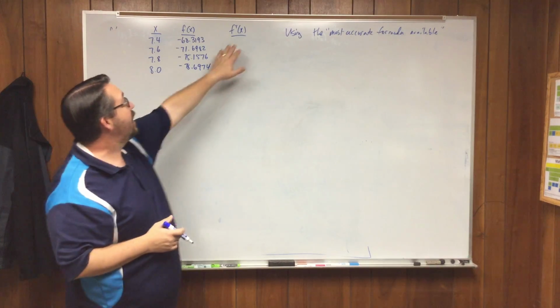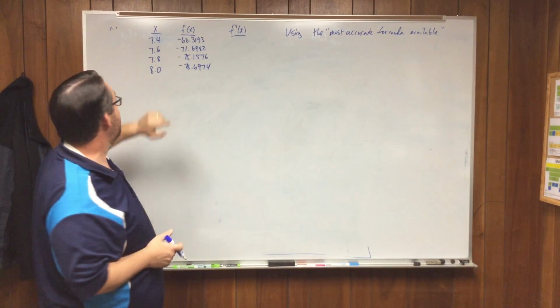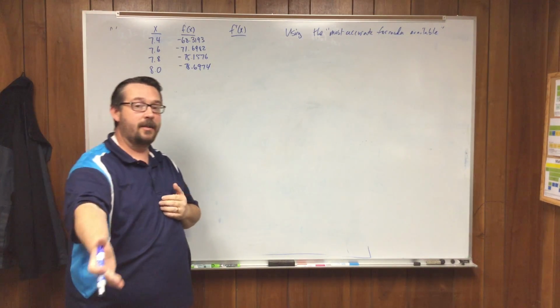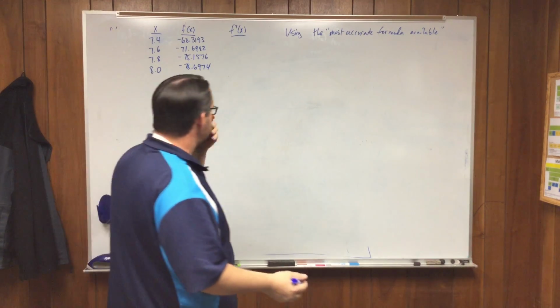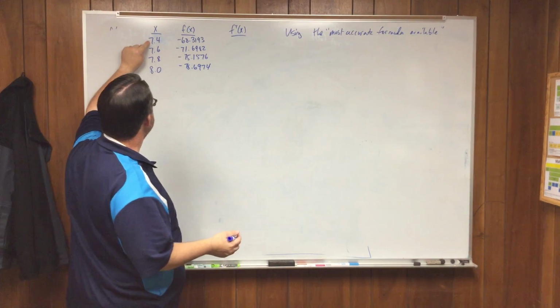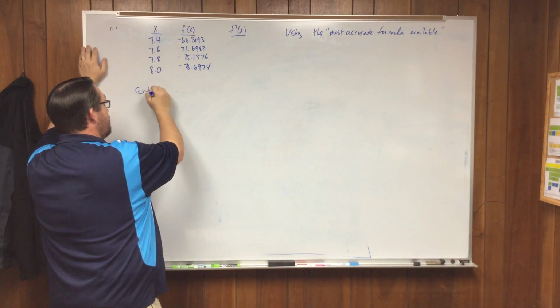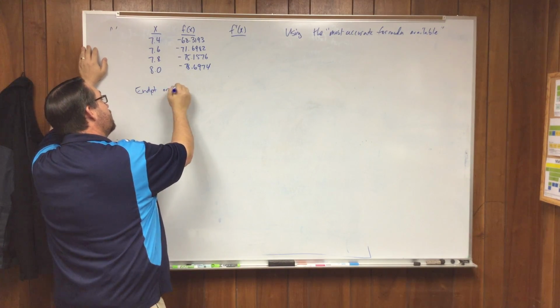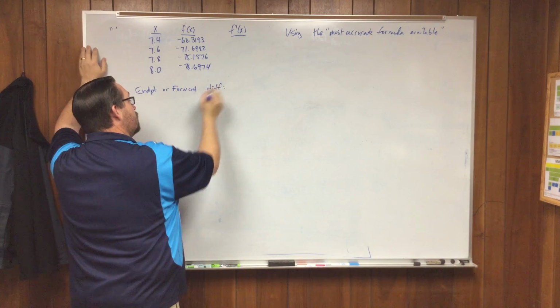Okay? So I can find the derivative as accurately as my formulas will let me. If I had 5 points, that's when I would look up the 5-point formula in the book and use one of those. Okay? So for this 7.4, we're going to use the forward difference formula, the endpoint, which looks like this.